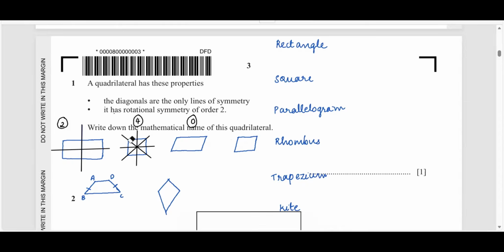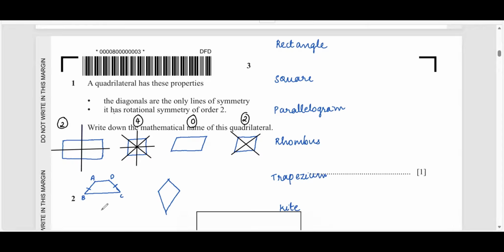So for a rhombus, there are only two lines of symmetry. That is, if we draw a diagonal and the other diagonal, they both will divide this rhombus into two equal parts. So for a rhombus, we have two lines of symmetry and they both are the diagonals.